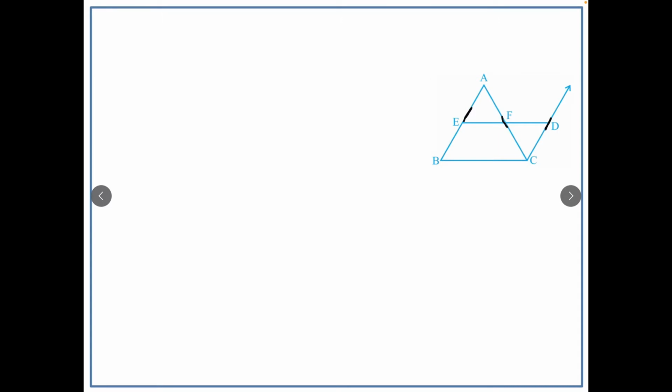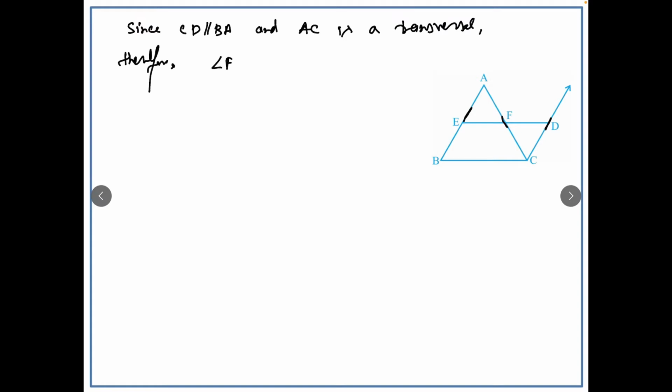So since CD is parallel to BA and AC is a transversal, therefore angle EAF will be equal to angle DCF, because they are alternate interior angles.